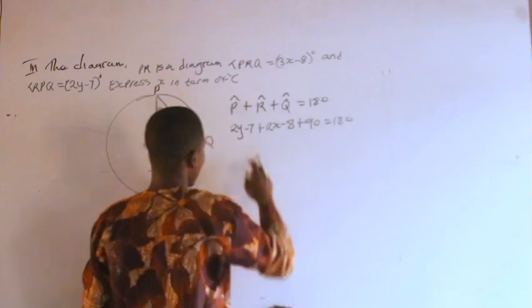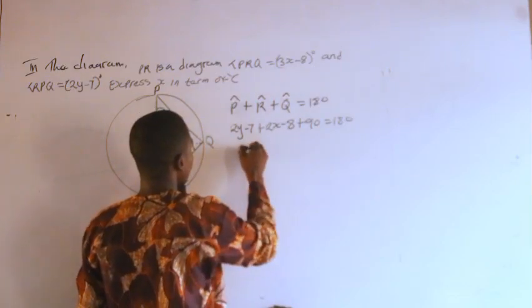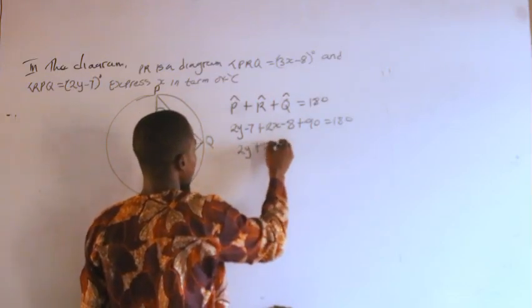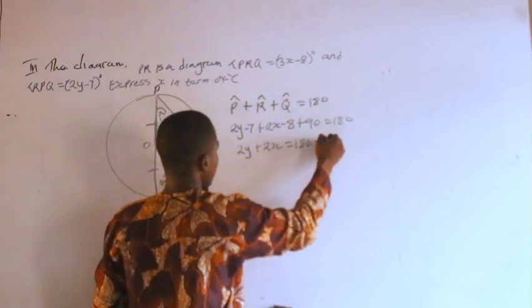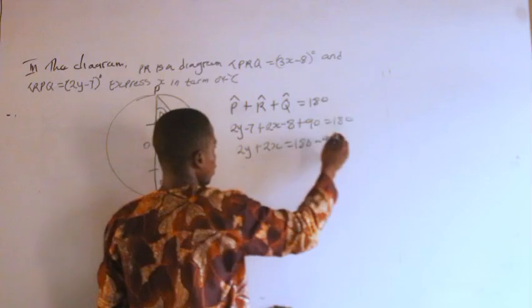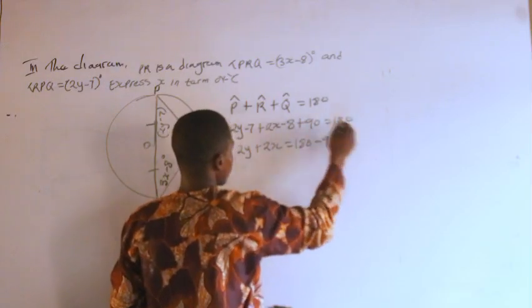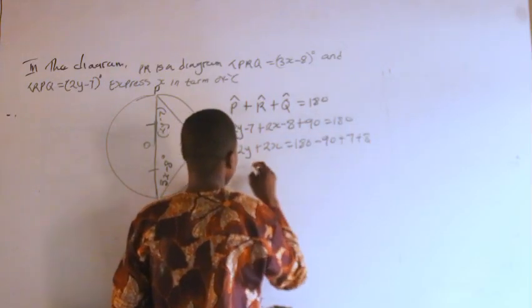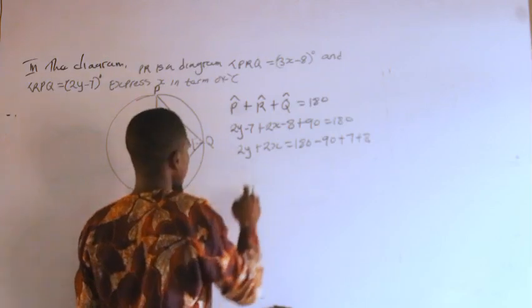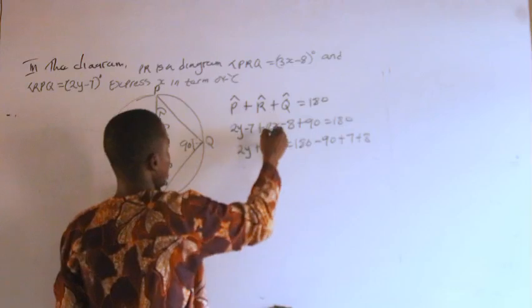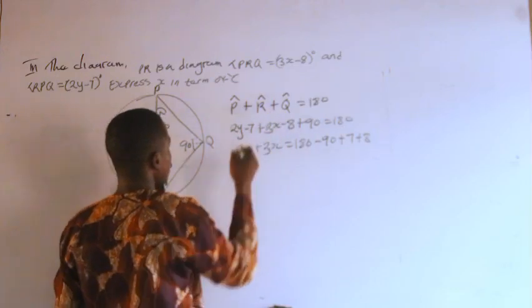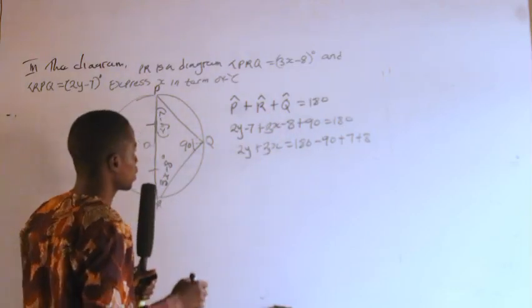Now, take all this one to that side. It will now be 2y plus 2x equal to 180 minus 90 plus 7 plus 8. This one is 3x.